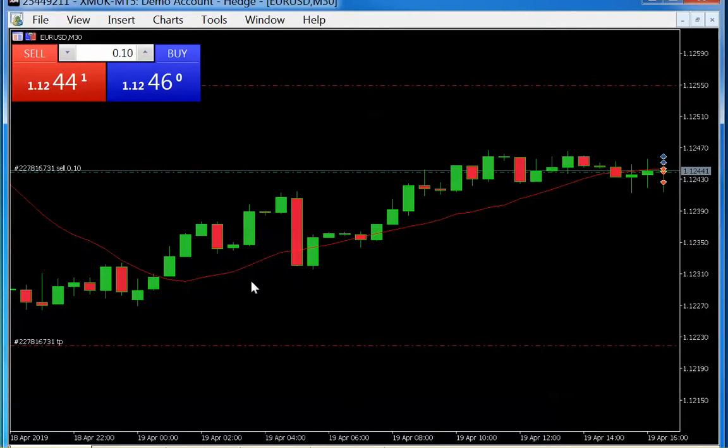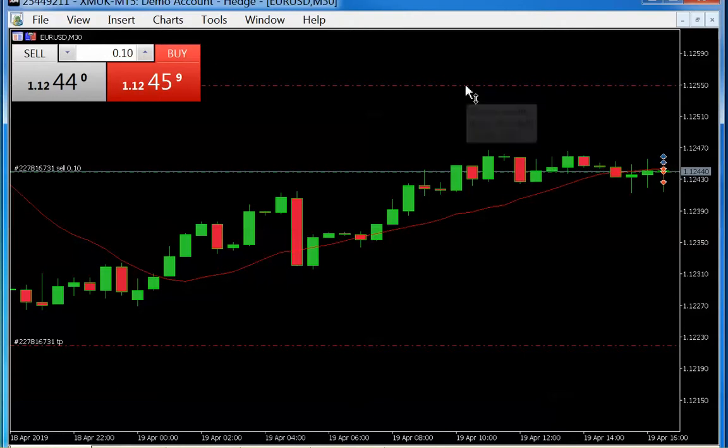Now if we put our cursor on it, we can see our risk, and if we put our cursor there, we can see our profit. Oh, nearly out. Let's do this one. There we go. It doesn't stay long, but you should be able to see your risk there: minus €9.77.